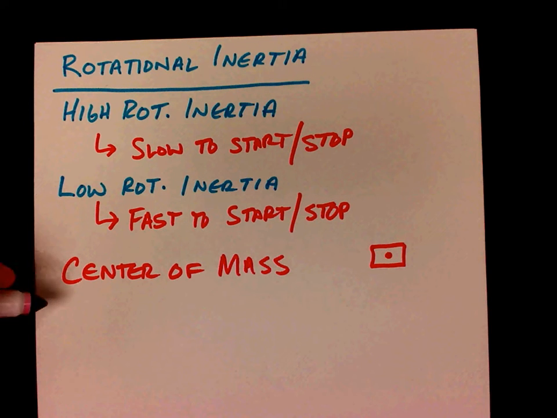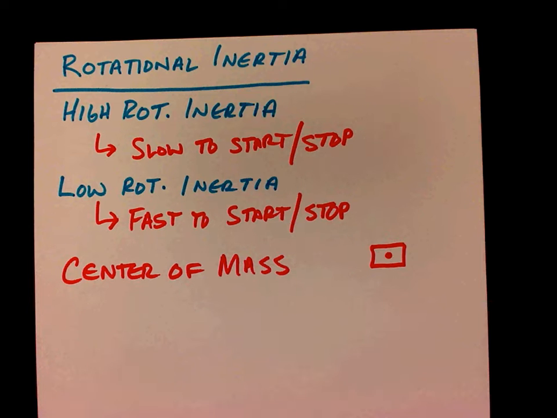But when we're talking about center of mass, we're talking about the point at which things rotate around when we're talking about rotational dynamics. And so basically it means the center of the object. It's the balancing point of the object. And depending on where the center of mass is for the object, it's going to influence its rotational inertia.